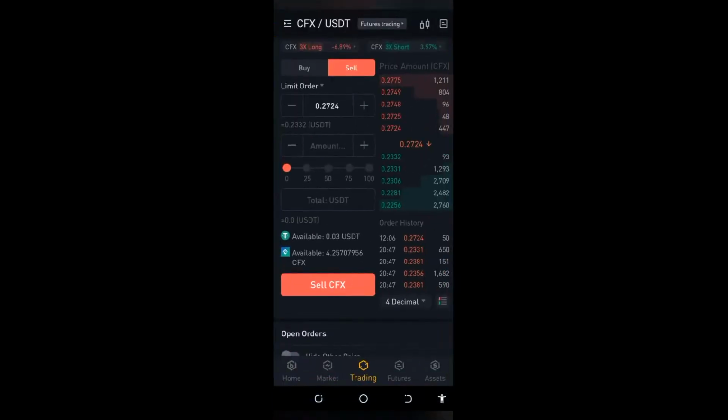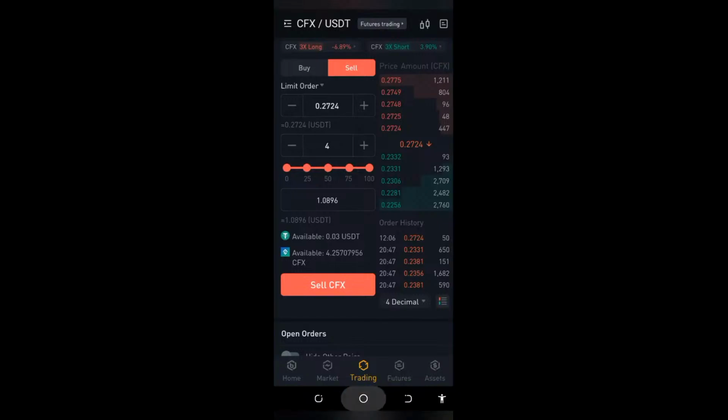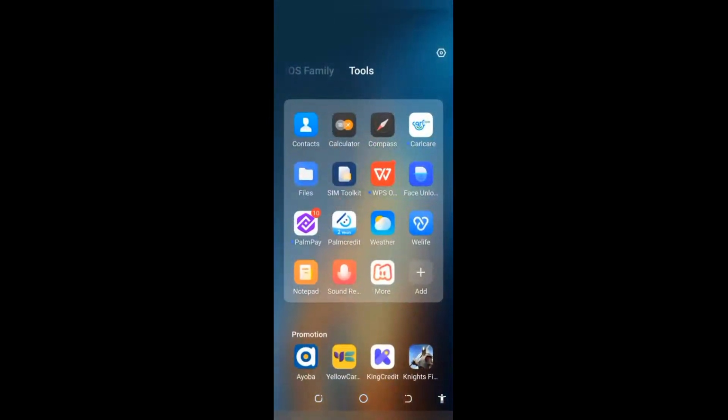If this is really true of the 16%, that means if I try to sell this, for instance, see what we have. We've got $1.08.